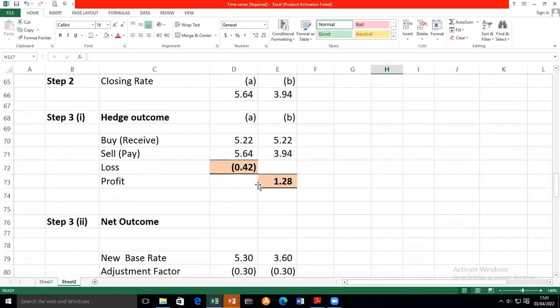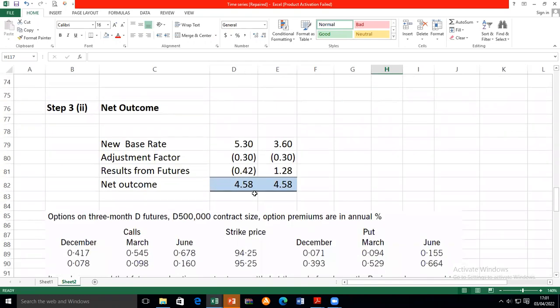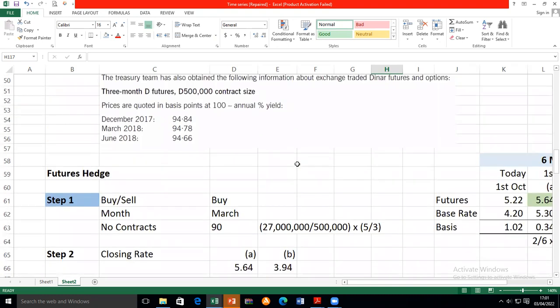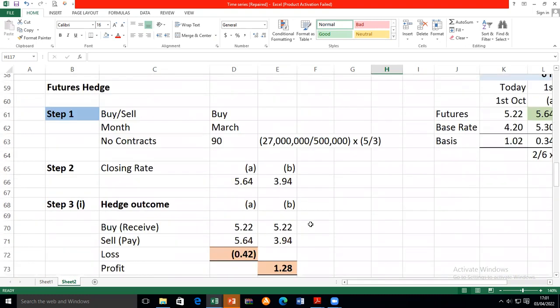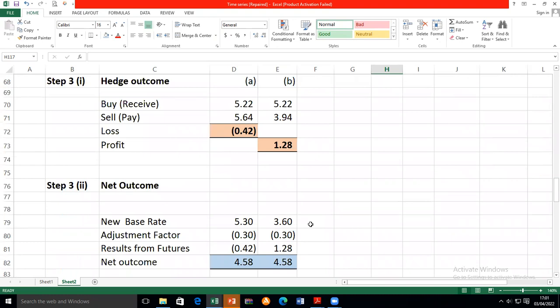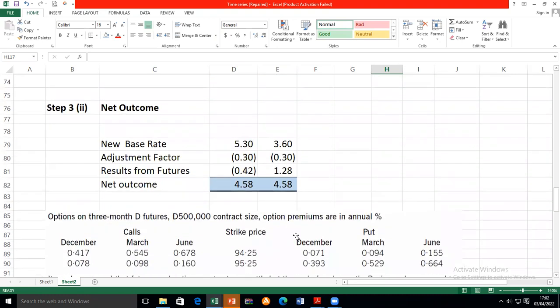If we use futures, we're expecting how much? 4.58. So between these two, which one is better? The forward rate agreement, eh? So you can decide using these percentages. There's no need to convert these into absolute amounts. But if the question says, show how much, then all you do is 4.58% multiplied by 27 million multiplied by 5/12, the 5 months.